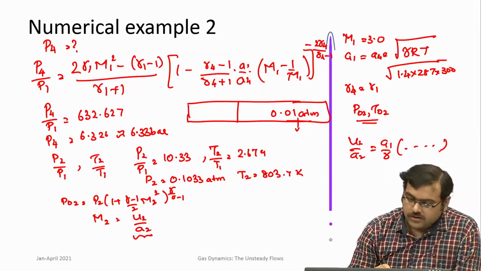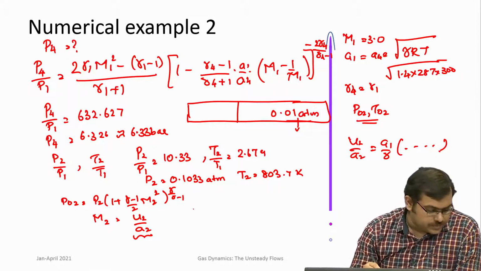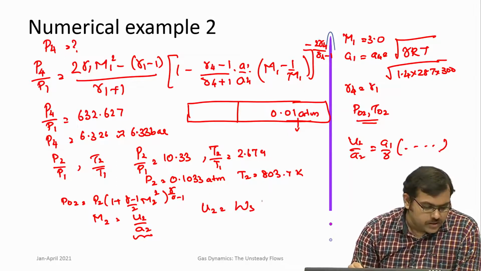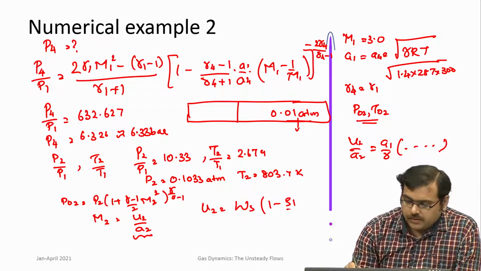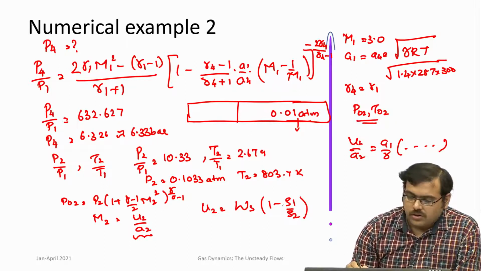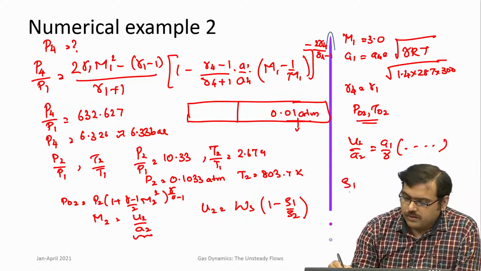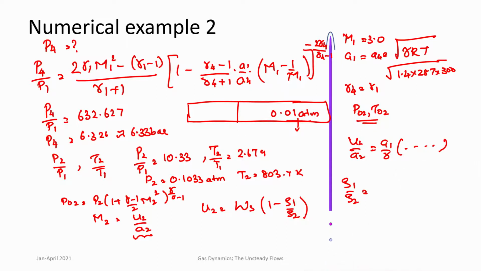that you can also use, or you can go slightly from the first principles, that U2 is Ws multiplied by 1 minus rho 1 by rho 2. If you know P2 by P1 and T2 by T1, you can calculate rho 1 by rho 2, and rho 1 by rho 2 turns out to be 0.2593, and Ws is nothing but M1 multiplied by A1.